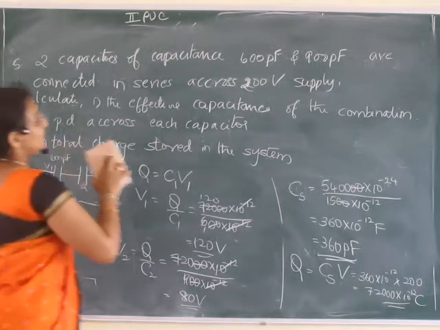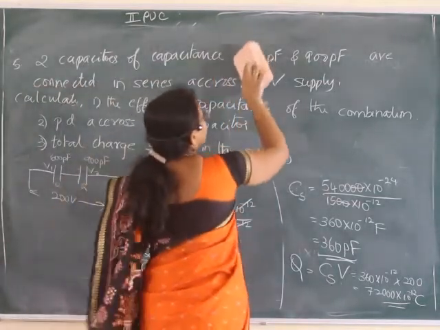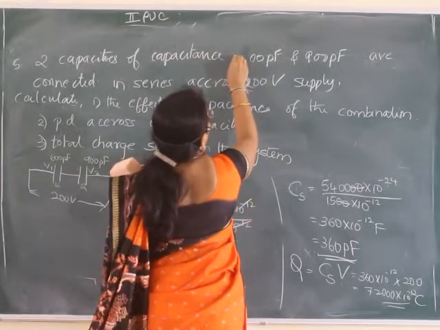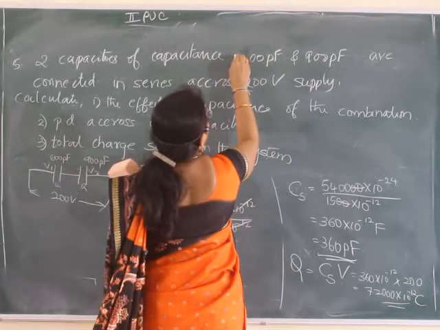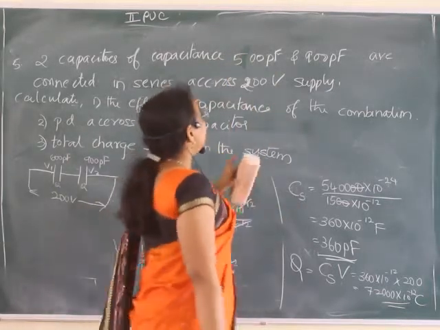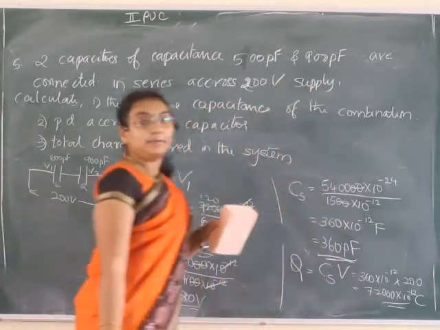We will just change here. Instead of 6, it is 500 picofarad and 900 picofarad.